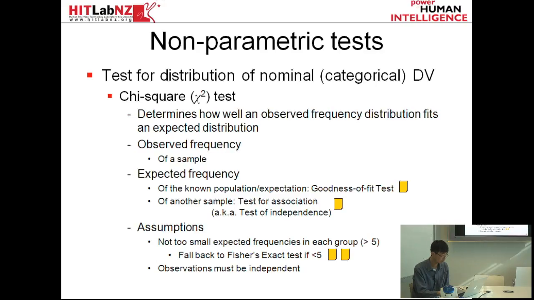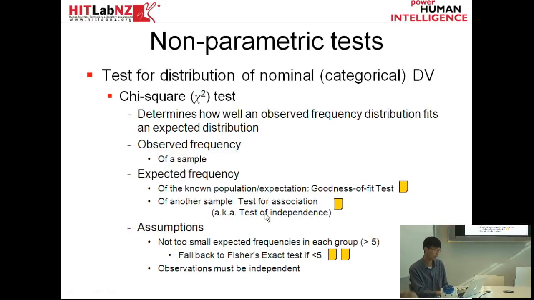So the example we had was comparing with an expected number of samples, right? So you were comparing against a random choice of having each of the options selected an equal number of times.